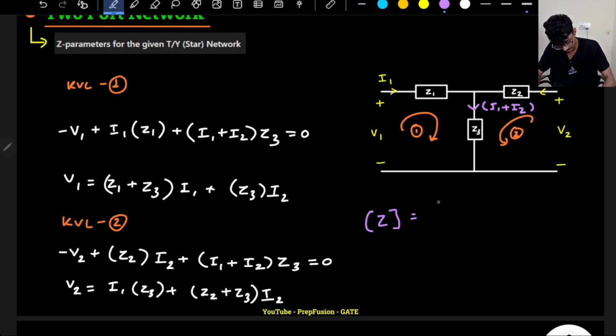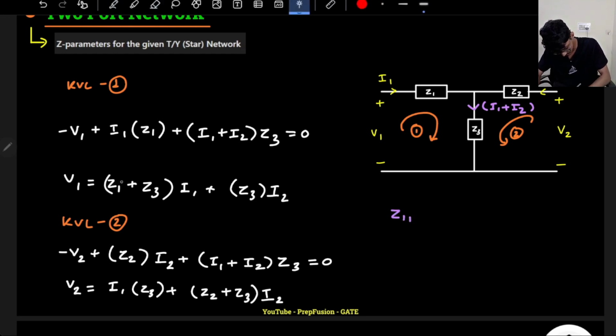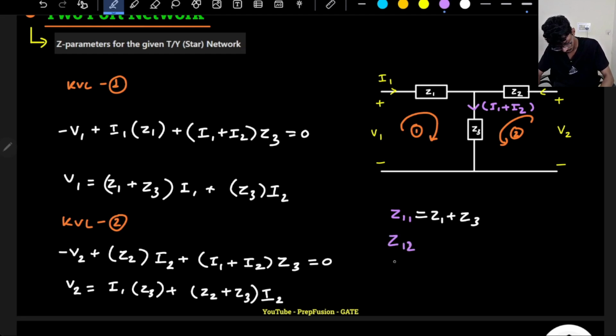From here you can directly write the Z matrix. What is the Z matrix? Z11 is this value, Z1 plus Z3. Then Z12, Z21 and Z22.